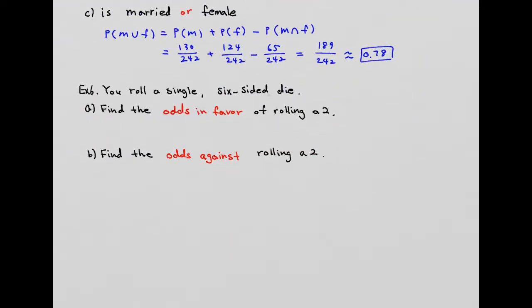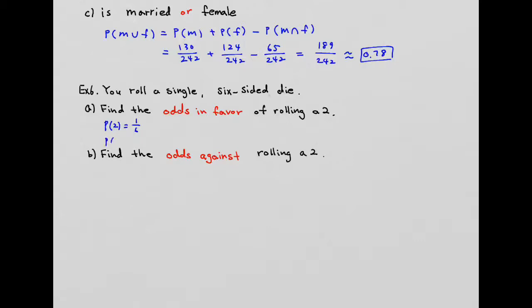Let's go back to the problem. Say you're rolling a single die. Find the odds in favor of rolling a 2. So the probability of rolling a 2 is going to be 1 out of 6.